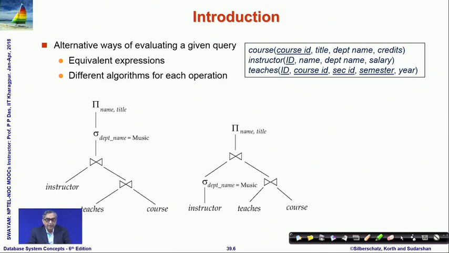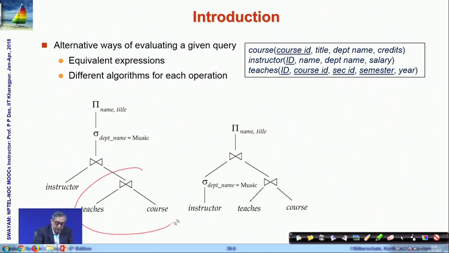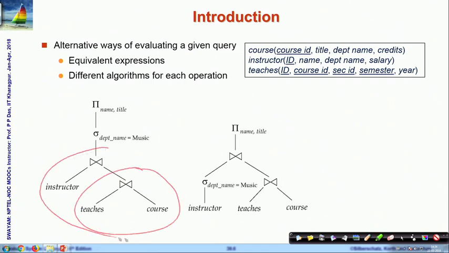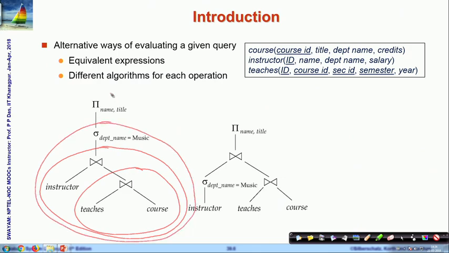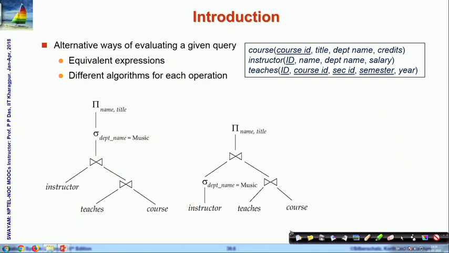If we write the query in equivalent relational form, this is what we will get to see. The first join happens here, then the next join, next the selection, and finally the projection, which will give us the result of this query. Now, if you look carefully, the department name should be music.